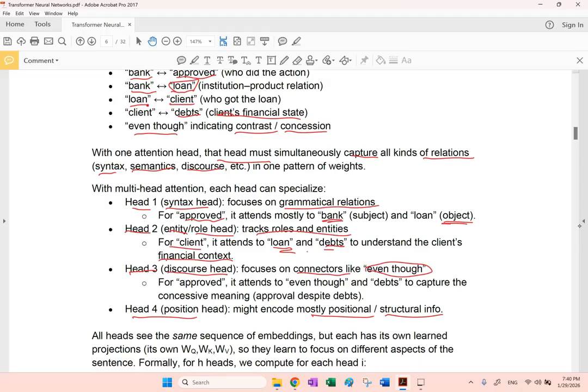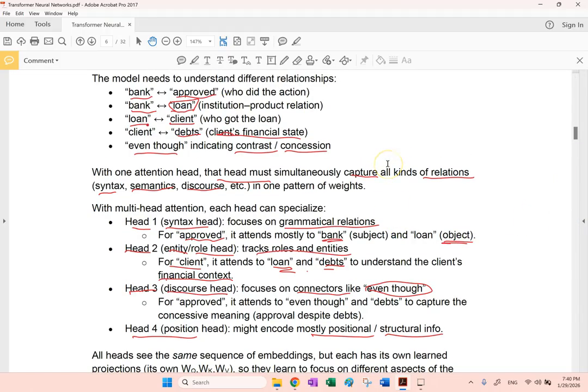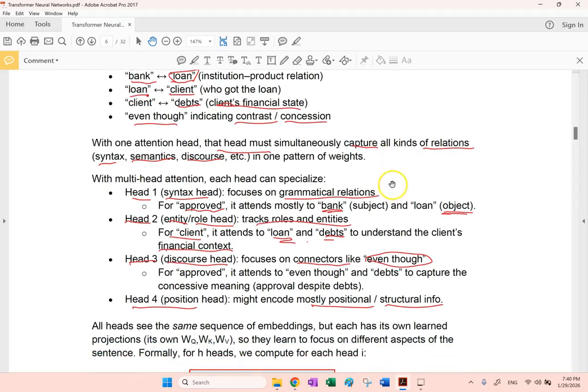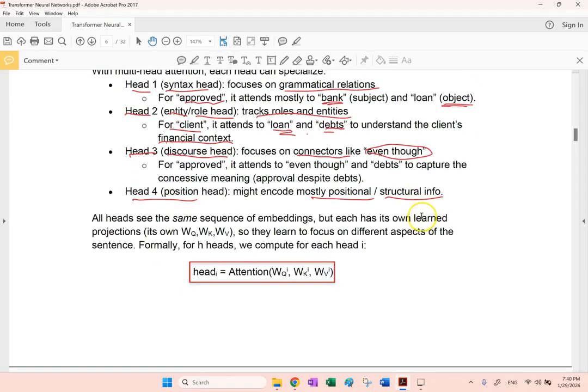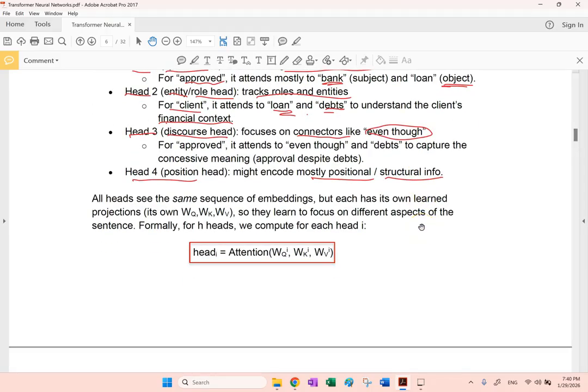Now, I'm going to tell you in a second what positional encoding is, but one of the heads can mostly capture that. Because you can look at one single sentence from so many different angles, ideally one or two or several of them need to be captured by one or two or several heads. One head is not going to do that.